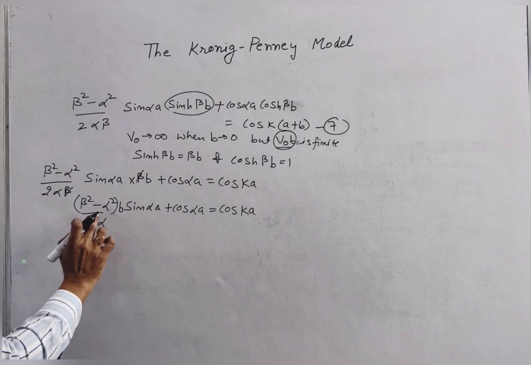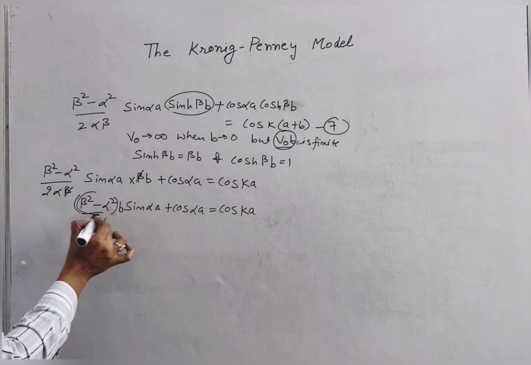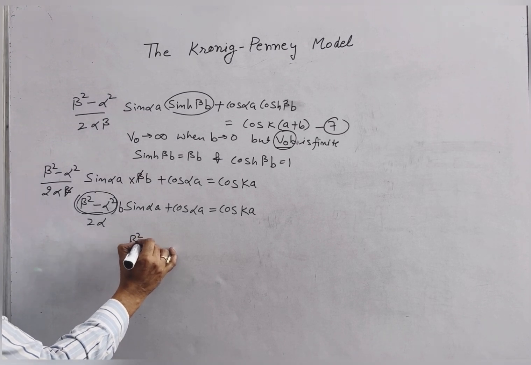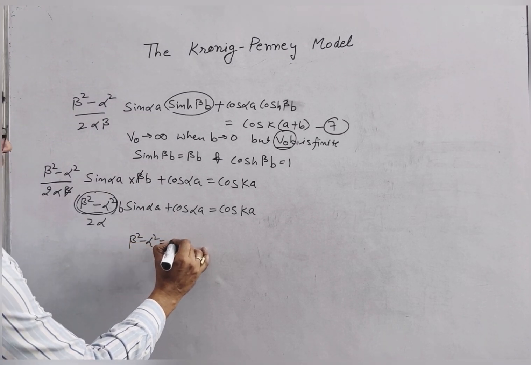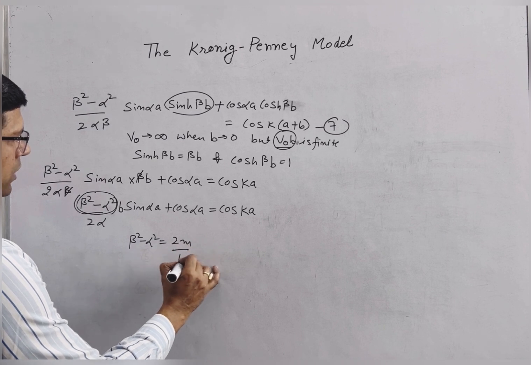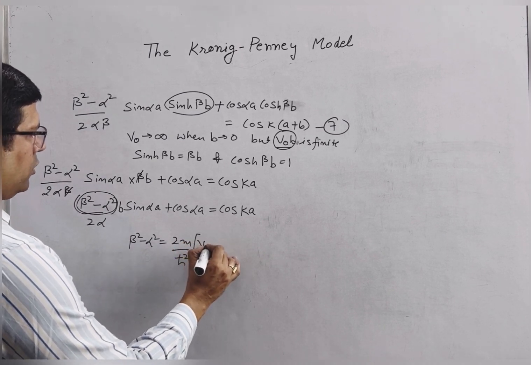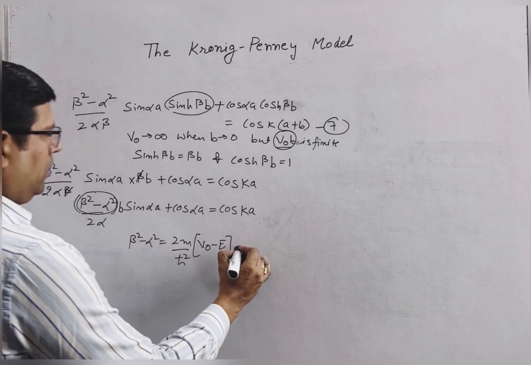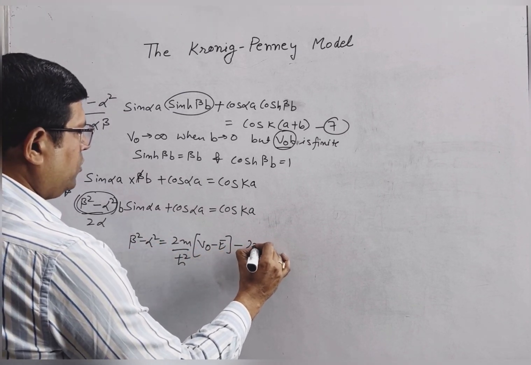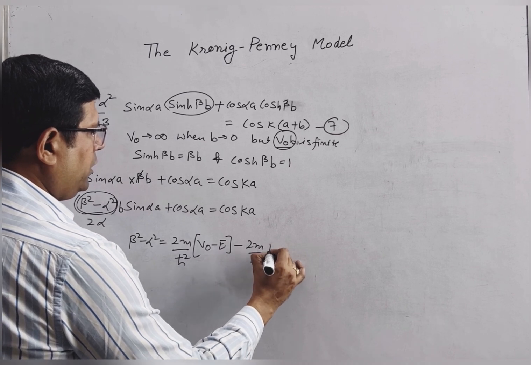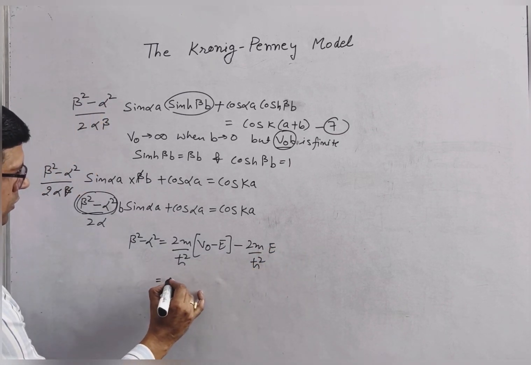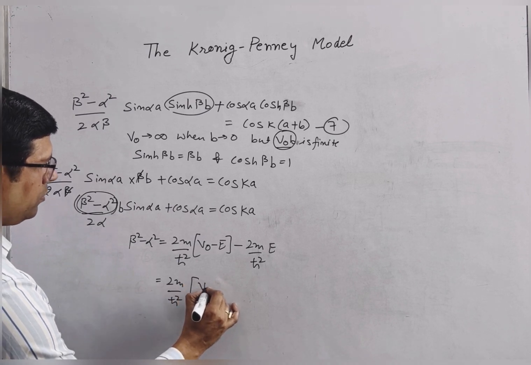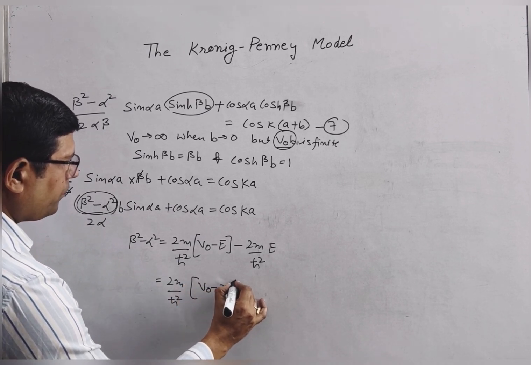Now from this equation, we will eliminate beta square minus alpha square. We know beta square is 2m upon h cut square into (V naught minus E), and alpha square is 2m upon h cut square into E. So beta square minus alpha square is 2m upon h cut square (V naught minus 2E).